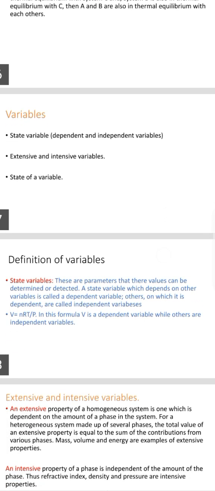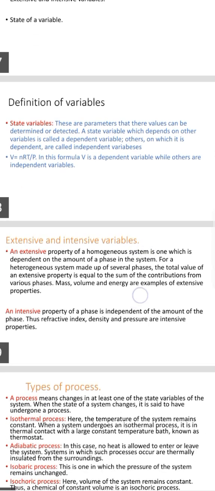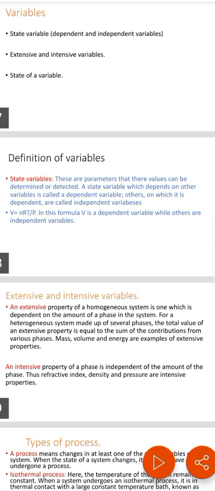Then we also have variables that we use in thermodynamics. Those variables are very vital, and you must know how to differentiate them from each other. We have state variables. State variables can also be classified into dependent and independent variables. We have extensive and intensive variables, and also the state of a variable. State variables are parameters whose values can be determined.